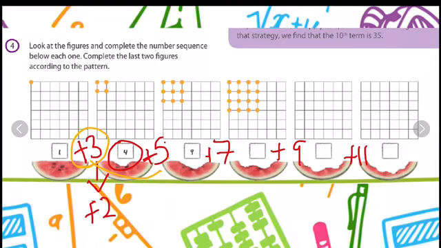Okay, let's check this out. This one that I will color right here is this one. If you notice, they added 1, 2, 3, 4, 5 more dots. Here 4 dots, so they added 1, 2, 3, 4, 5 dots, you see, and it will be 9.